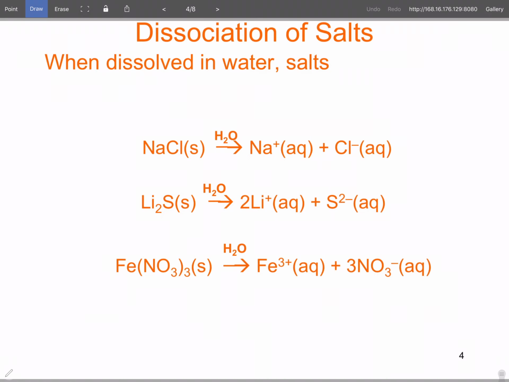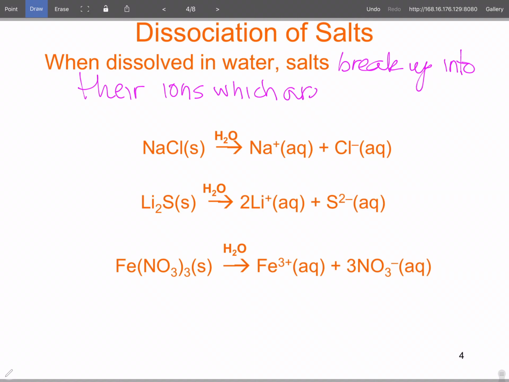Okay, that brings us to the dissociation of salts. When dissolved in water, salts are going to break up into their ions. Okay, they're ions, which are mobile. And because they're moving charges, they can conduct electricity.